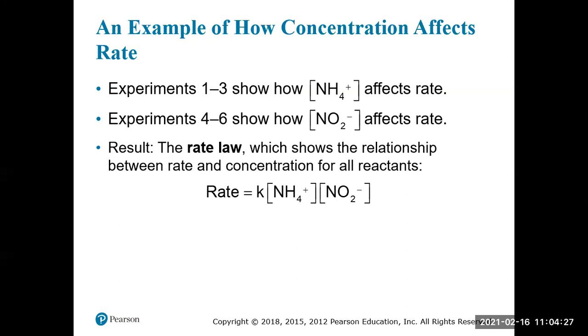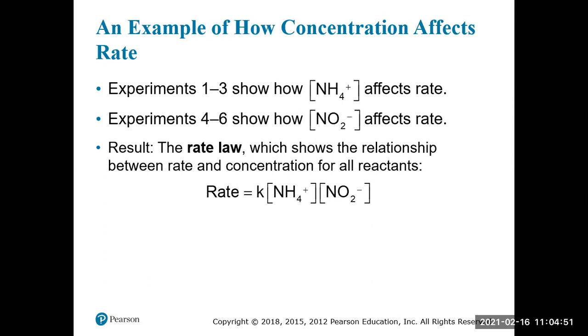Now that we know the rate order for each of the reactants, we can write a rate equation for the reaction. And that's what we have at the bottom here. The rate would equal k. k is the rate constant, we'll talk more about that.